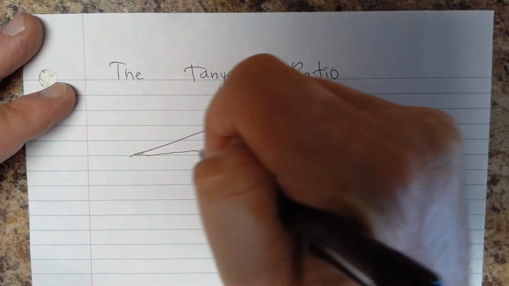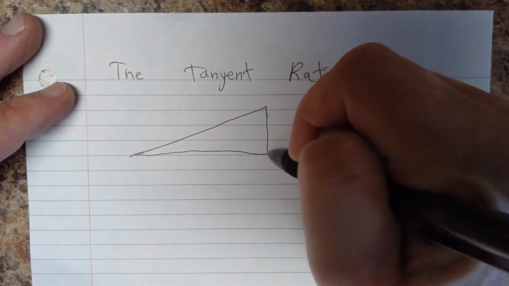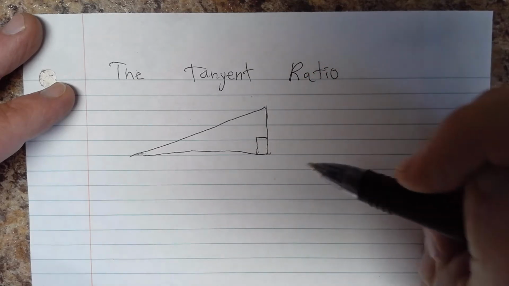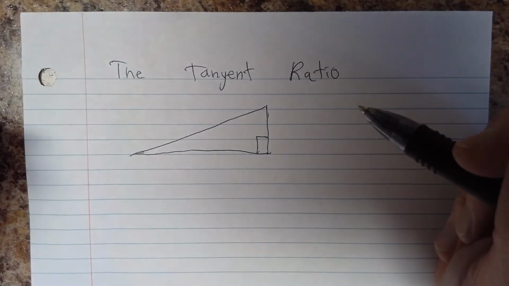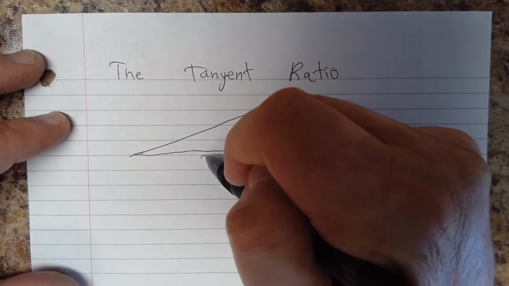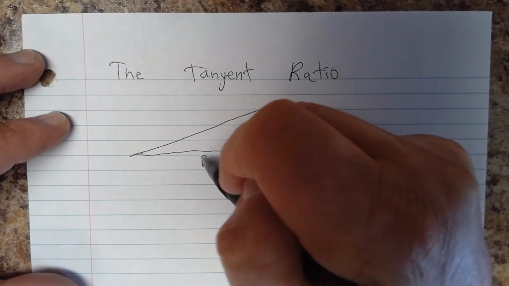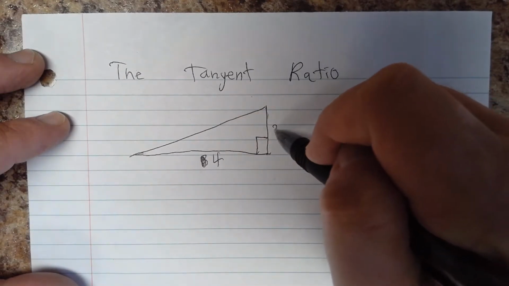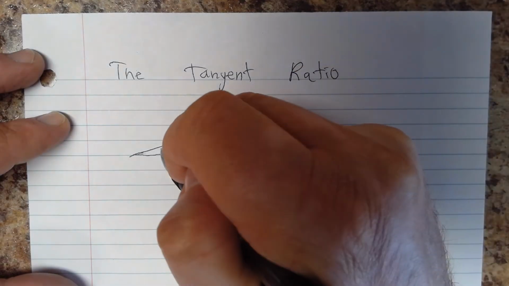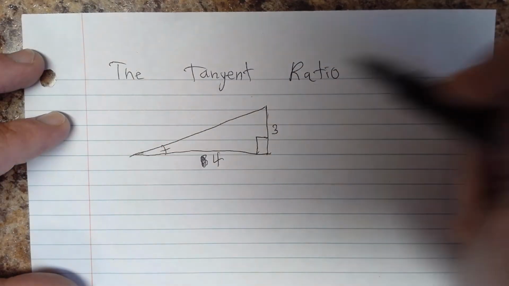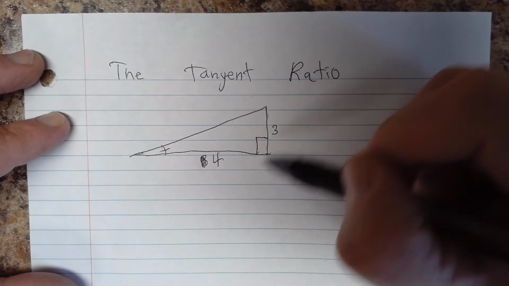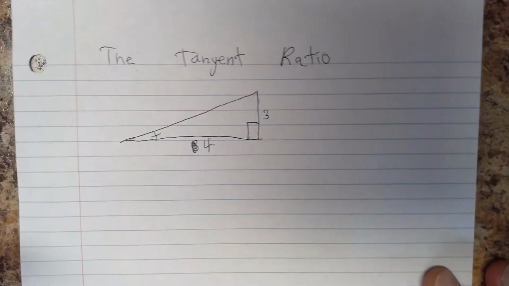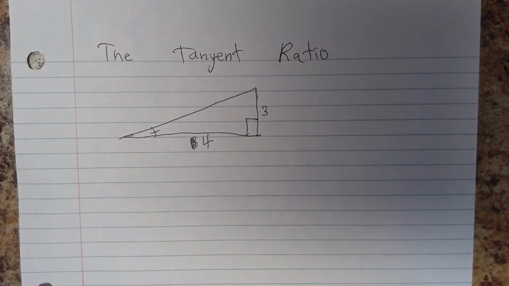Say I've got an angle here. Triangle here with side lengths 3. No, make this a 4 and this a 3. And I can use the ratio to find any of the angles.